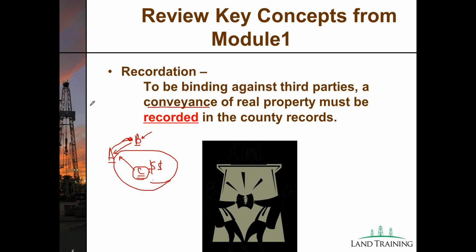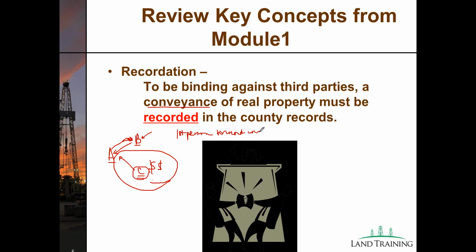So that's why recordation is important. Now, in most states, the general rule is the first person to the courthouse wins. So that's why there's always this great rush once you get the lease to get that recorded. So the first person to record wins.